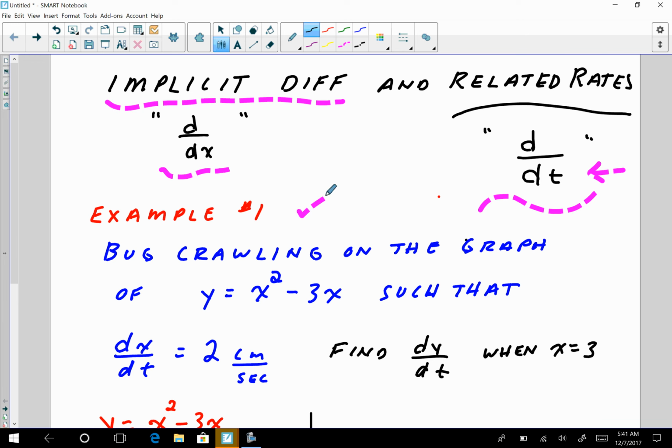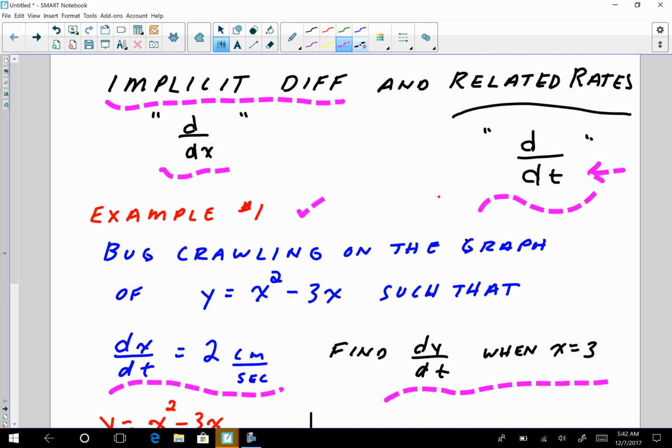The problem is this. A bug is crawling on the graph of y equals x squared minus 3x, such that the rate the x changes is 2 centimeters per second. This is key information. What we want to know is the rate that the y is changing when x is equal to 3.